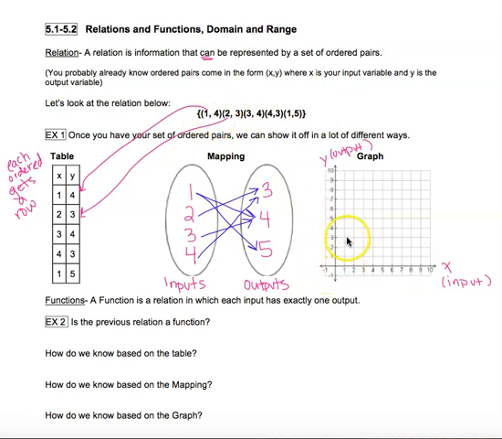So right 1, up 4. Then 2, 3. So 2, 3 would go right here. Then I have 3, 4. So 3 up to 4. Then 4, 3. And then 1, 5. Go right there.